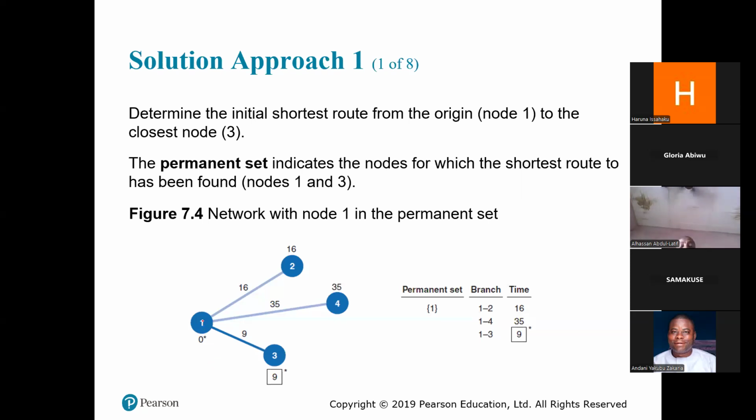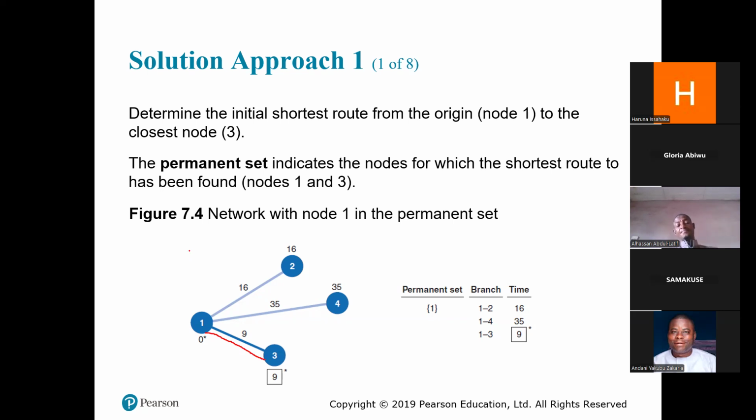From node 1 to node 2 is 16. From node 1 to node 4 is 35. From node 1 to node 3 is 9. Remember, we are looking for the shortest distance, so you will see that the shortest distance is from node 1 to node 3, which is 9.